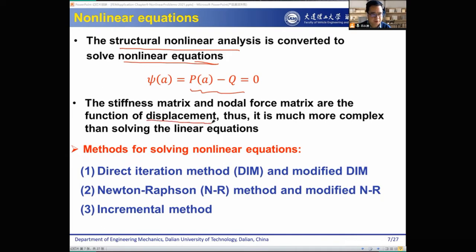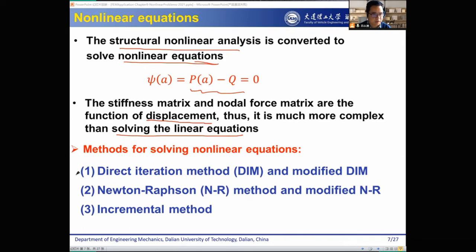This is much more complex than solving linear equations. We solved linear equations by hand in our previous chapters, but for nonlinear equations we have to use special techniques or algorithms, which are very different.